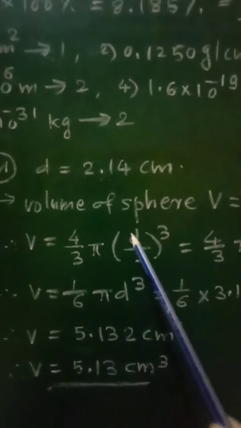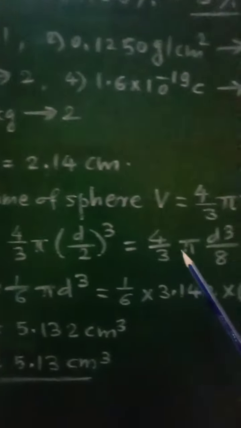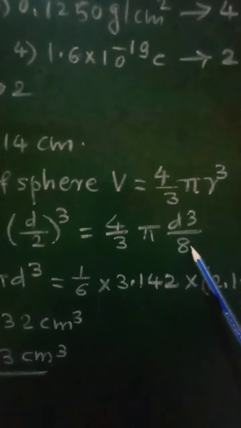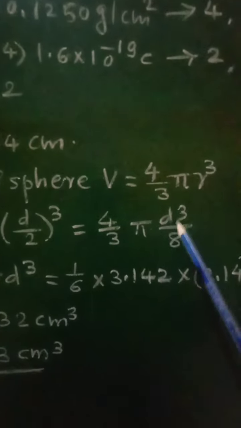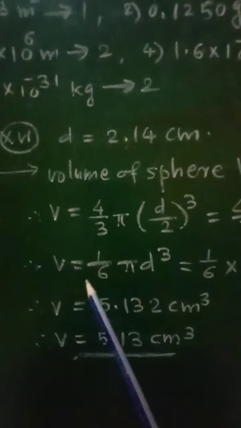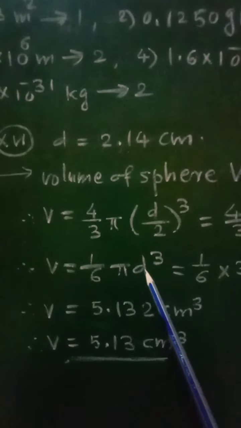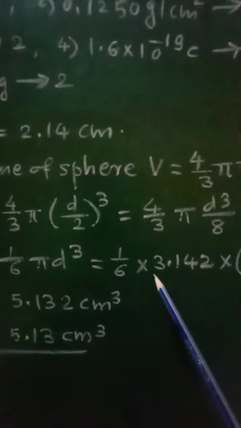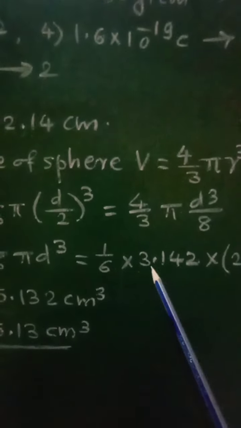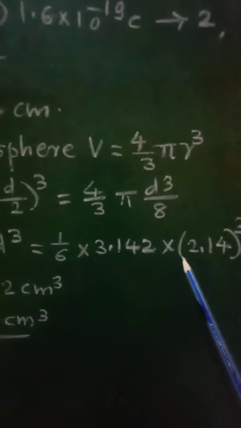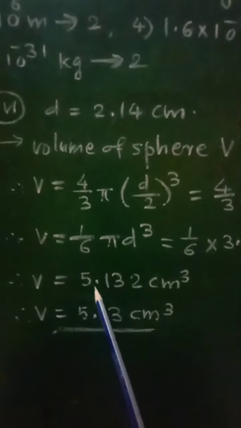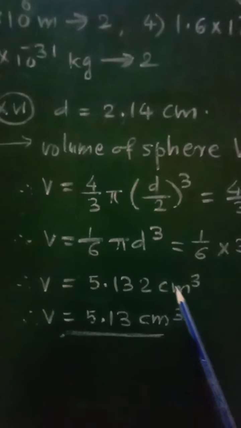This will be simplified as 4 by 3 pi d cube by 8, which will be equal to 1 by 6 pi d cube. It will be written as 1 by 6 into 3.142 into 2.14 cube, which comes out to be 5.132 centimeter cube.